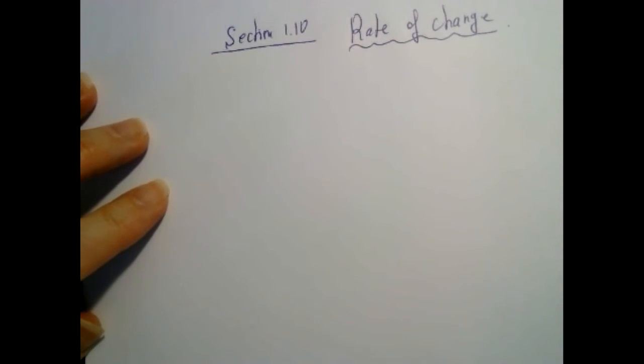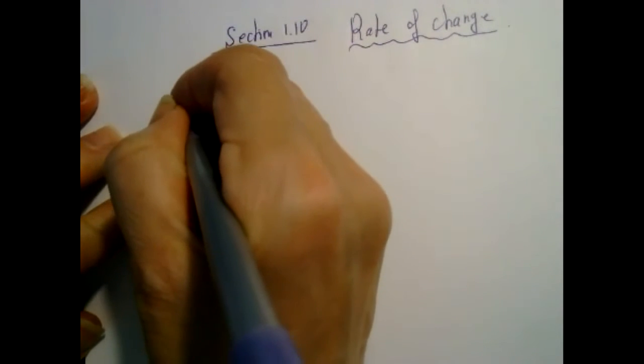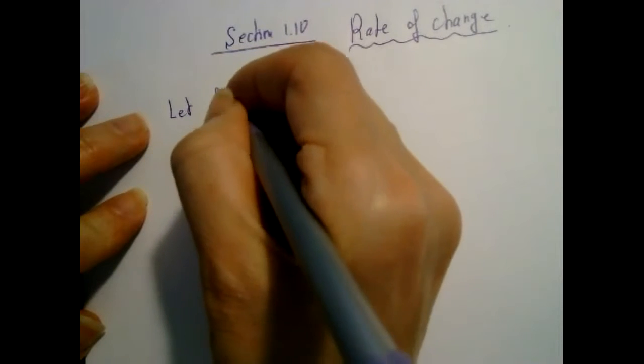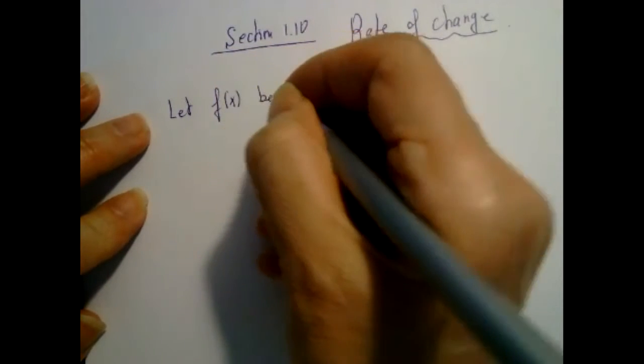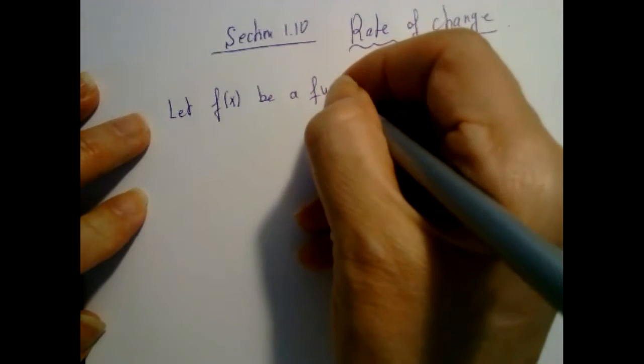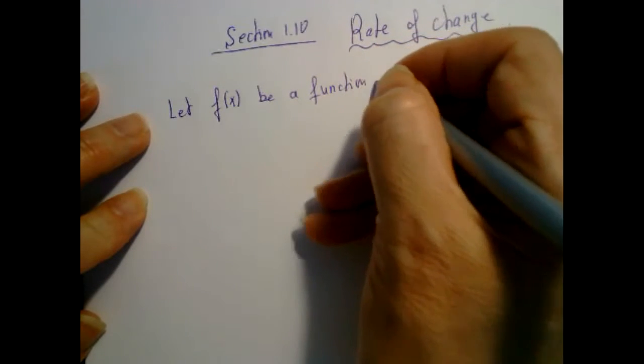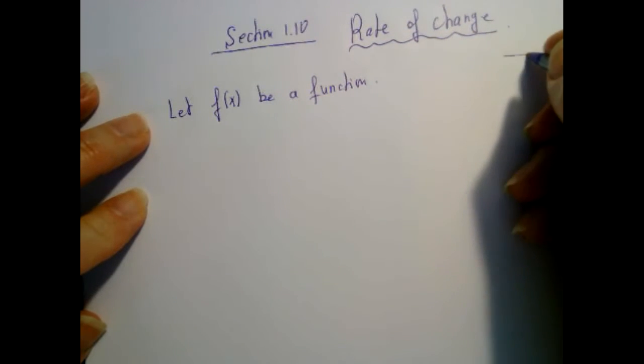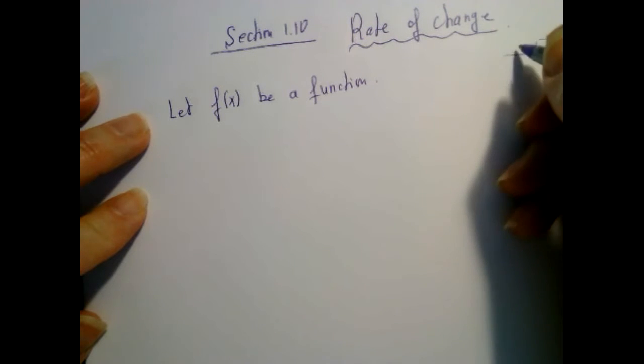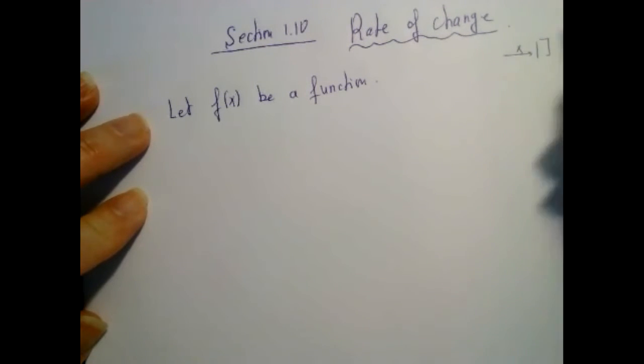So first, just a definition. Suppose you have a function f of x. When I say f of x is a function, it means I am thinking about a rule: you give it an input, which is changing, and for every input it gives you an output.